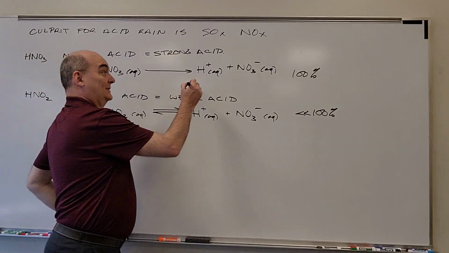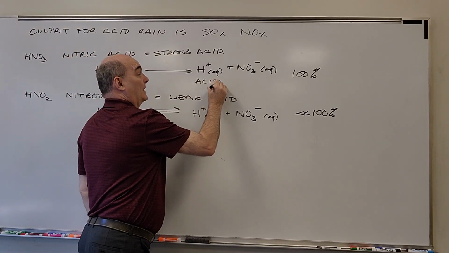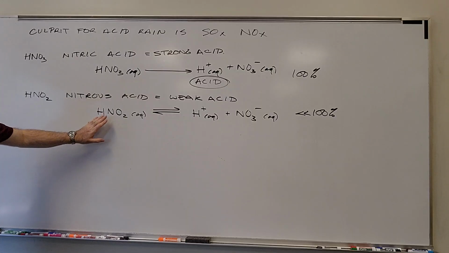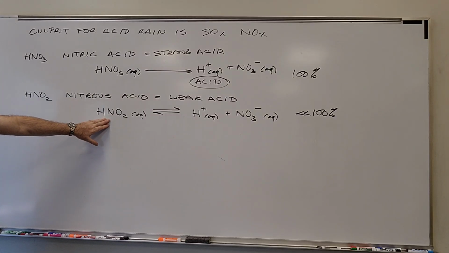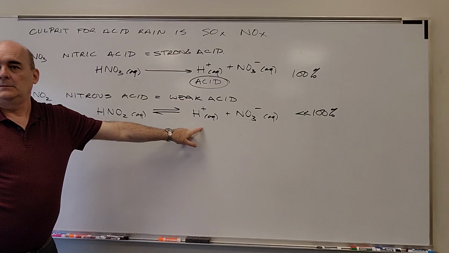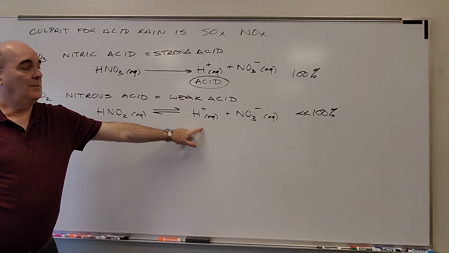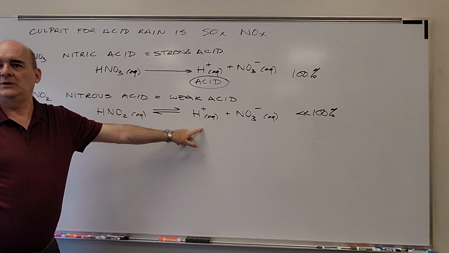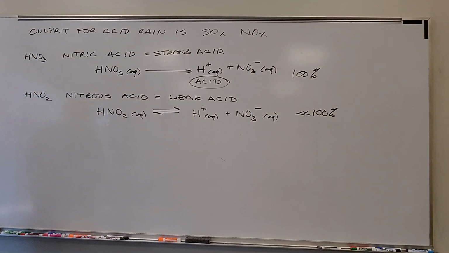This being the acid part. But if I have a mole of nitrous acid, it doesn't give me a mole of protons, of hydronium ions. It gives me much, much less. Okay? And the same is true for the other one.